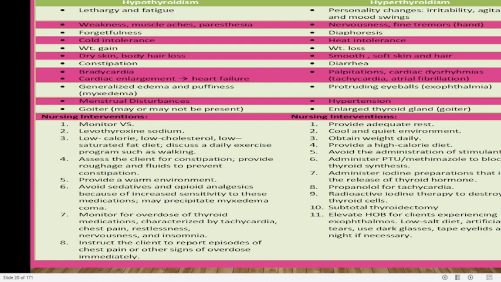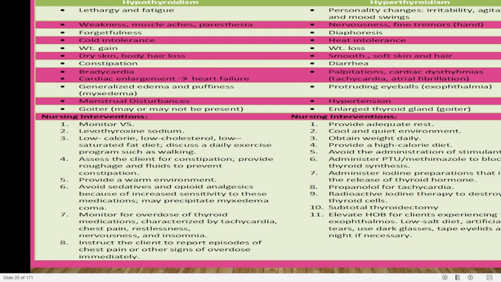In terms of symptoms, when you look at hyperthyroidism, where we have excess production of T3, T4, we normally have personality changes, where someone is irritable, has agitation and mood swings. Patients could present with nervousness and fine tremors.